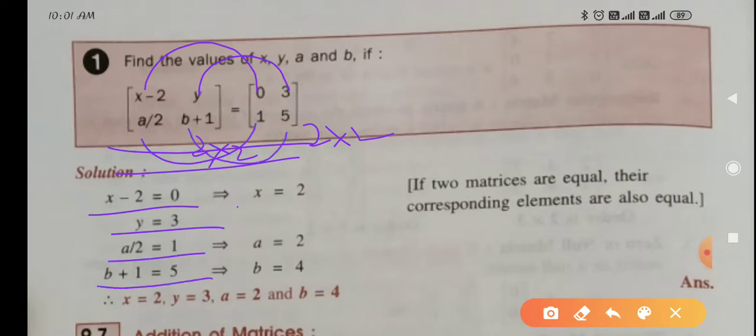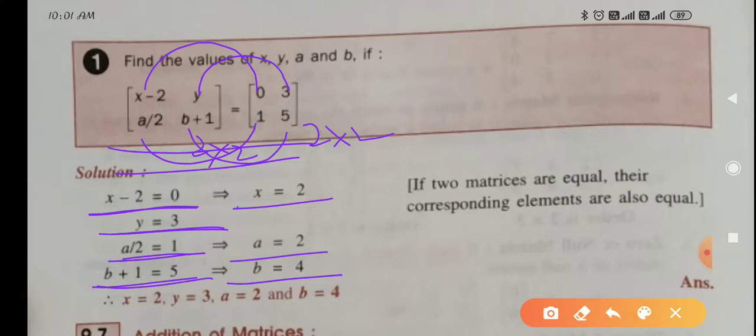So x minus 2 equals 0 means x equals 2, y equals 3 you have found directly. a by 2 equals 1 means a equals 2, b plus 1 equals 5 means b equals 4. So you have found the values of x, y, a and b.